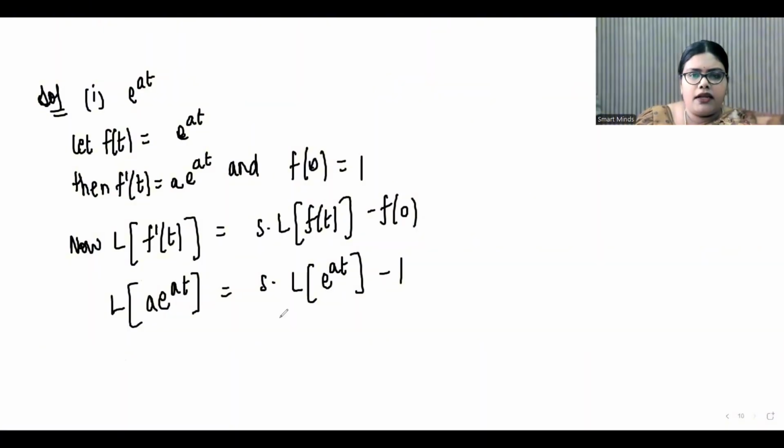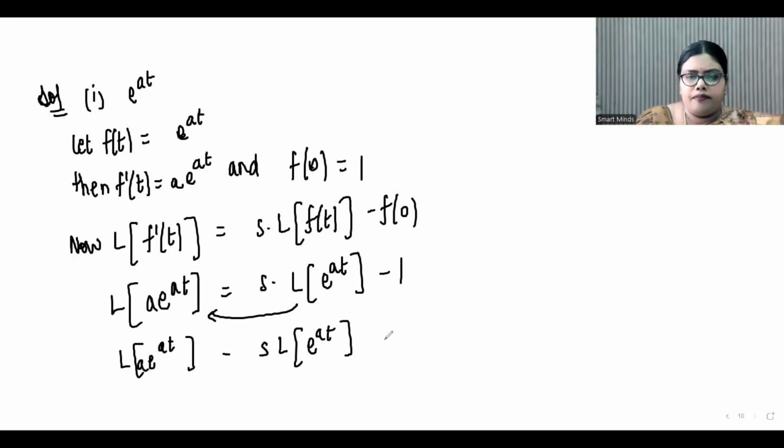So here we can take this term to the left hand side. You will get a L of e power at minus s into L of e power at is equal to minus 1. Otherwise, we can take this a outside and e power at inside.